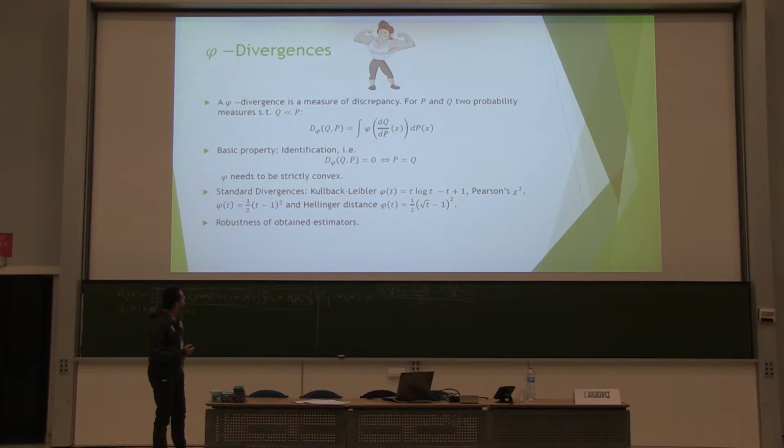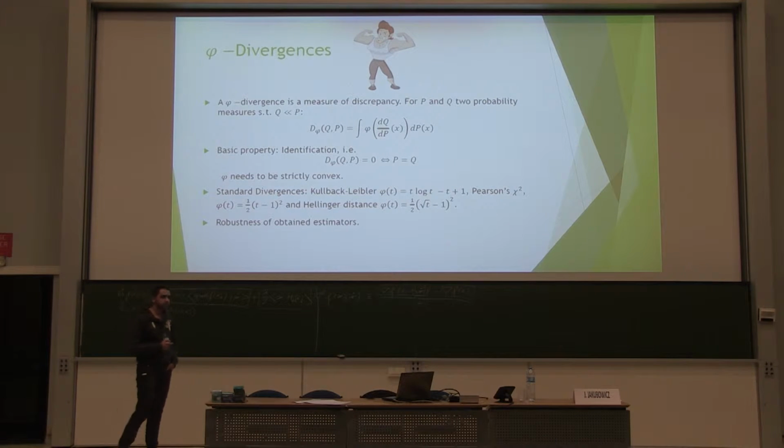And what's important to us is the inverse, which means if the phi divergence equals 0, I need P and Q to be equal. And for this to happen, I need to suppose that function phi is strictly convex.